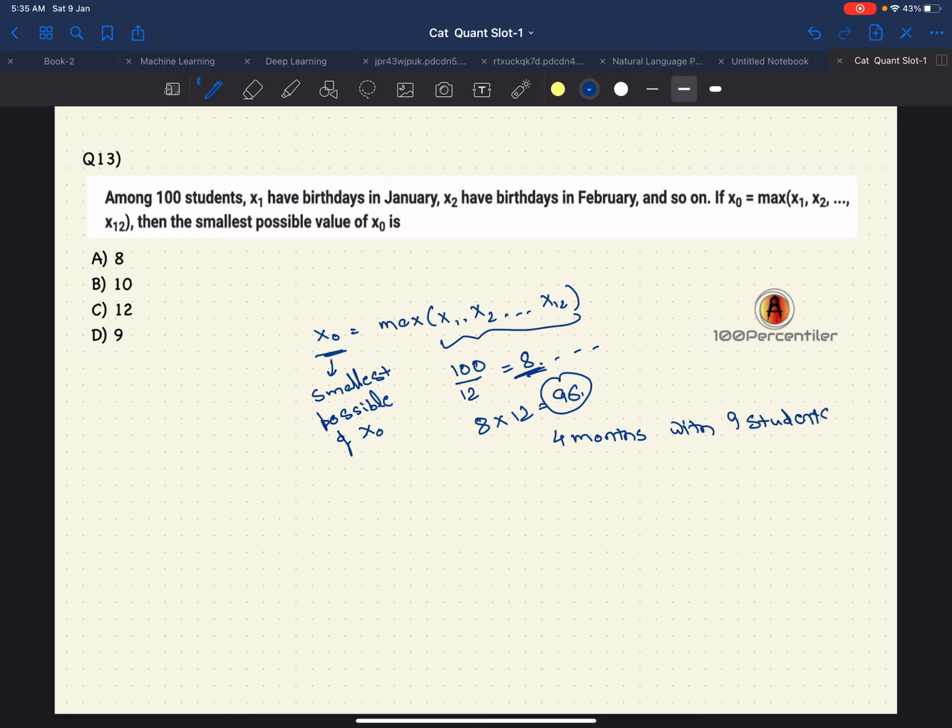So the minimum possible value for x0 has to be equal to 9, because if the minimum value of x0 is less than 9, let's say 8, then we put 8 in each of 12 months, which is 8 into 12, 96. We would still be left with 4 students, and therefore 9 is the required answer here.